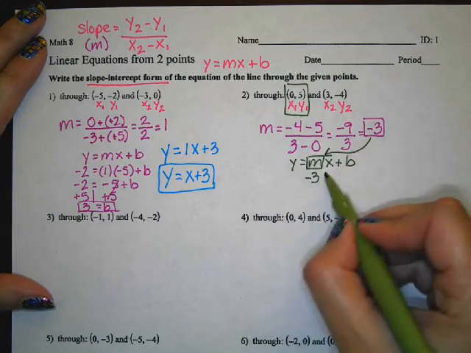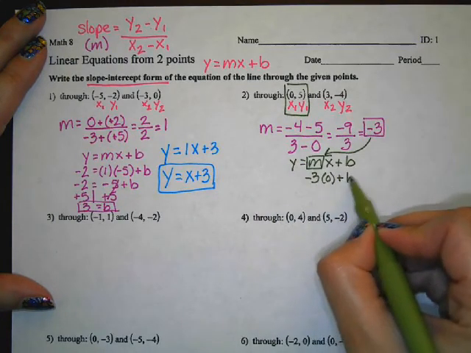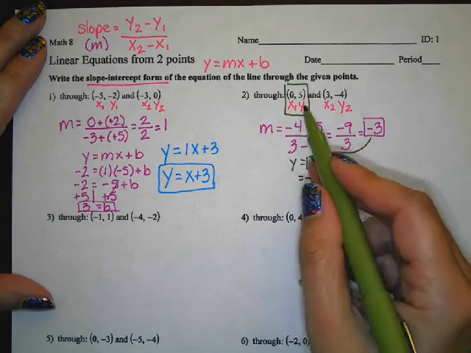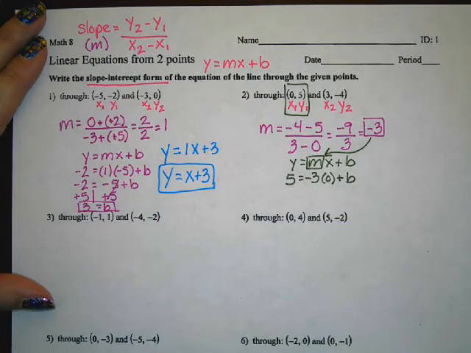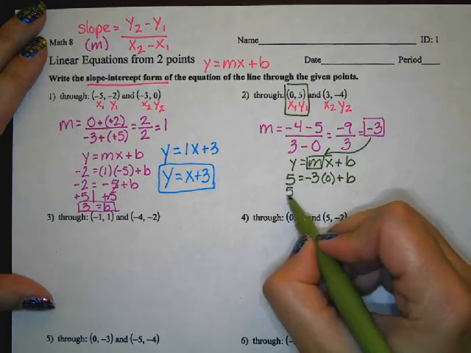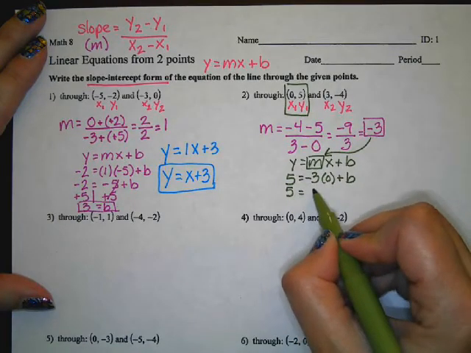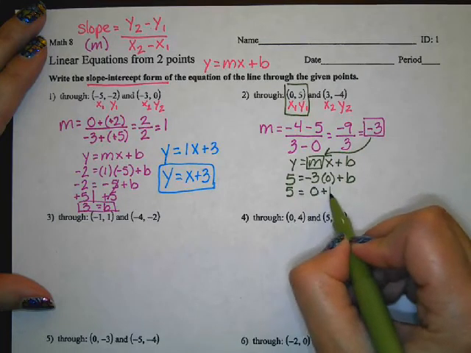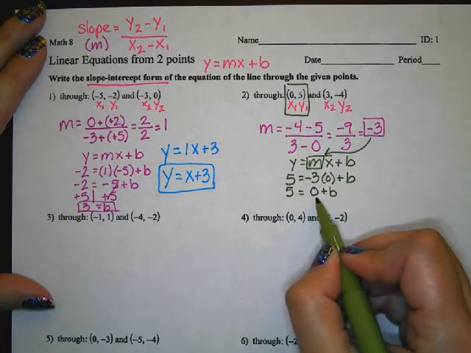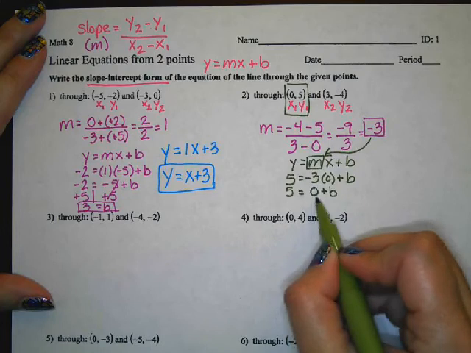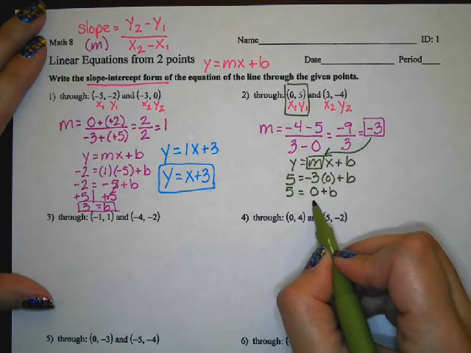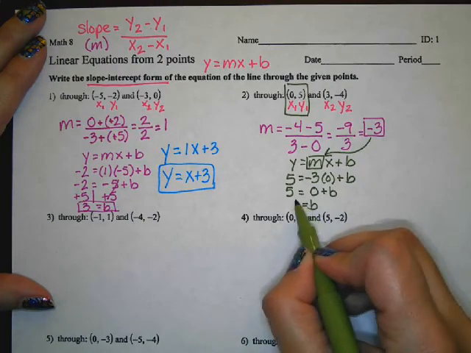X is 0, plus b, and my y value is 5. So let's go ahead and solve for b. 5 is equal to negative 3 times 0, which is just 0, plus b. Oh, look at that. 0 is nothing. Even if we subtract a 0, it's not going to change anything. So b is going to be equal to 5.